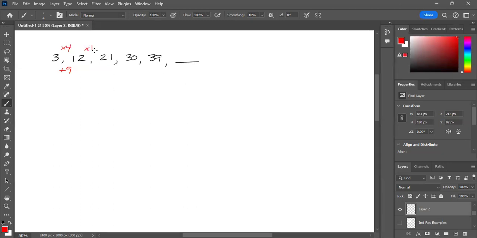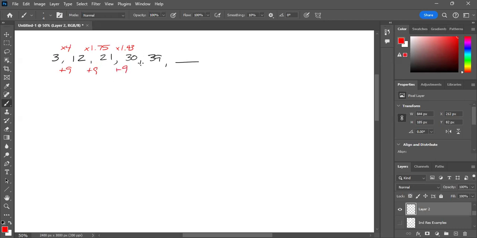So I have to multiply by 1.75 to get to the next one, or add 9. Now to get to the next one, 30 divided by 21 gives me 1.428571429. It's about 1.43. I am going to abandon the multiplication because those numbers are all changing.